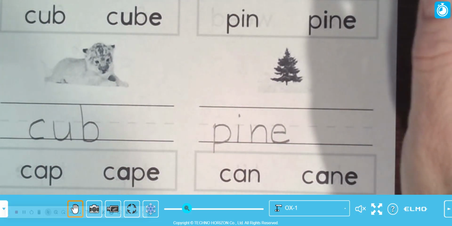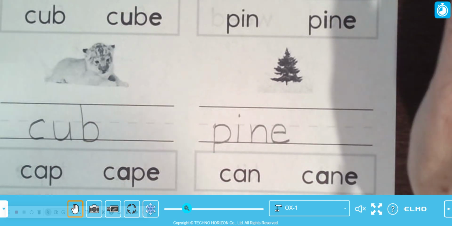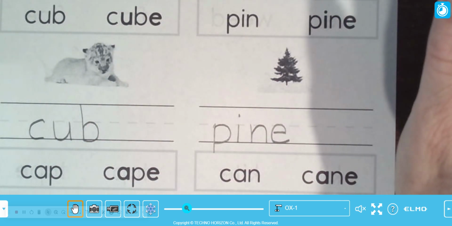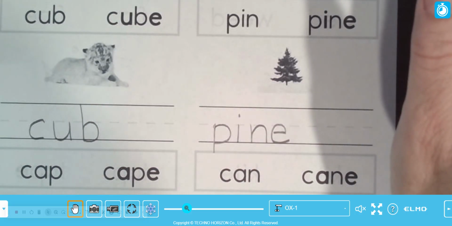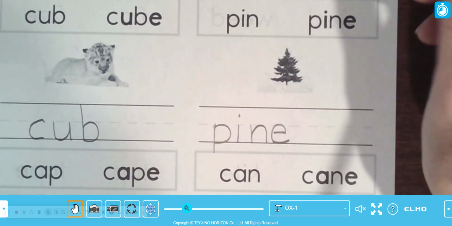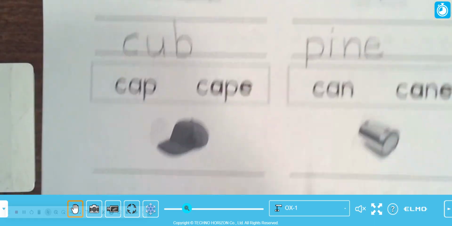So a large pine tree grew in the forest. Pine. Okay, if you're not finished writing the word pine, pause the video so you can finish writing it down because I'm moving on to the next word.